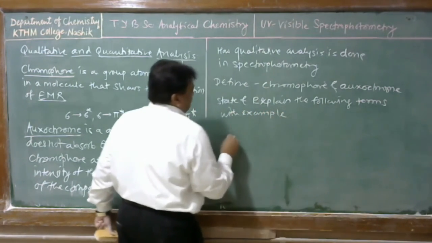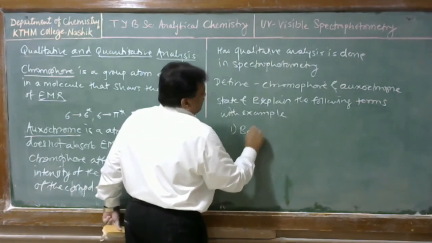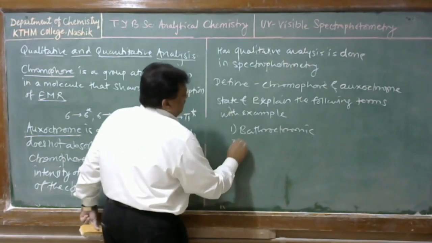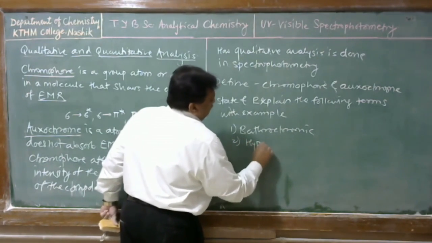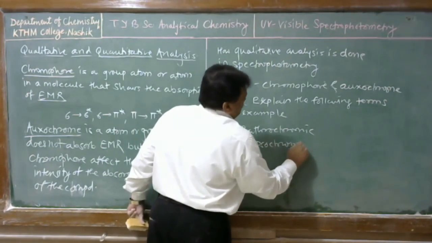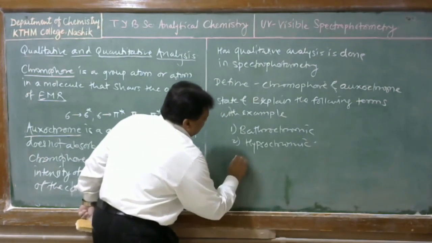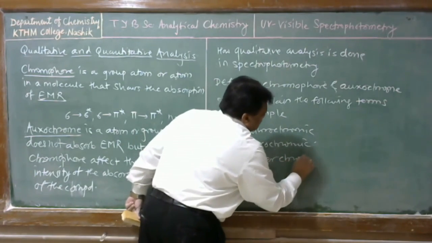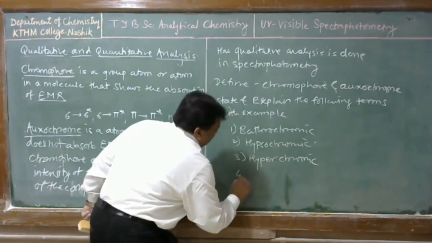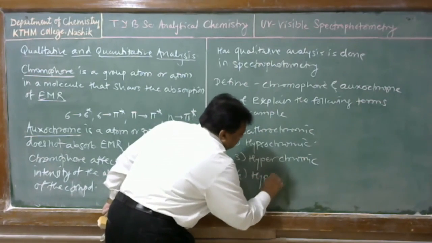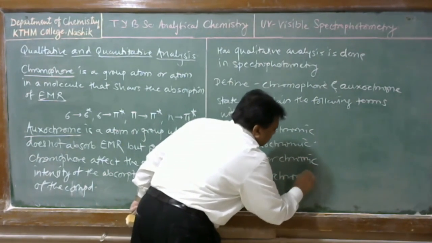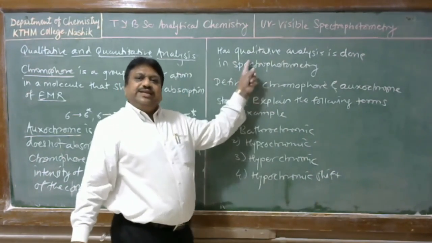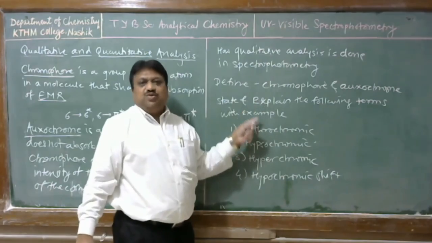Number 1 is bathochromic shift. Number 2 is hypsochromic shift. Number 3 is hyperchromic shift. Number 4 is hypochromic shift. From today's lecture, you can find the answers to these questions.